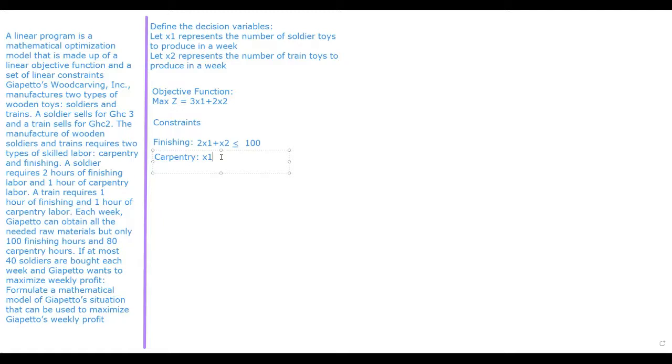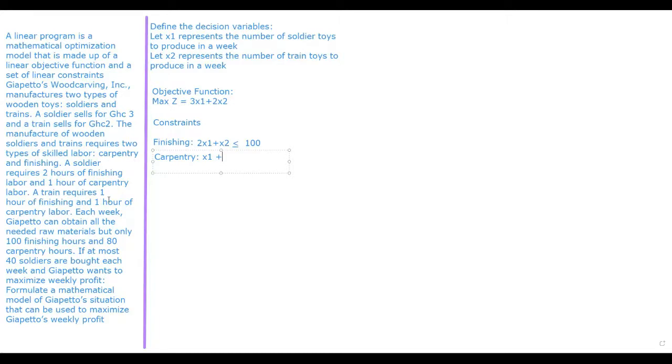1 here. Then plus, move on to read: a train requires 1 hour of finishing and 1 hour of carpentry labor. So when you are manufacturing a train toy, you require 1 hour of carpentry labor.